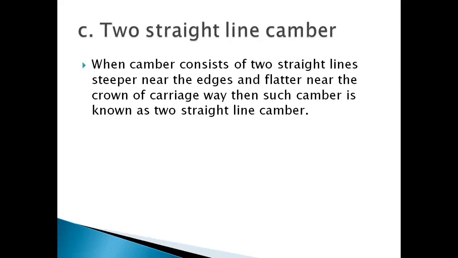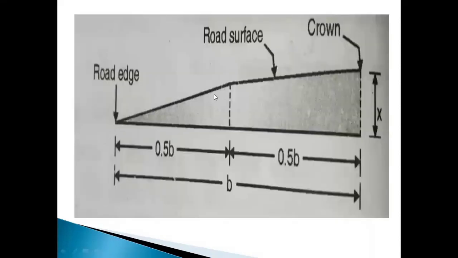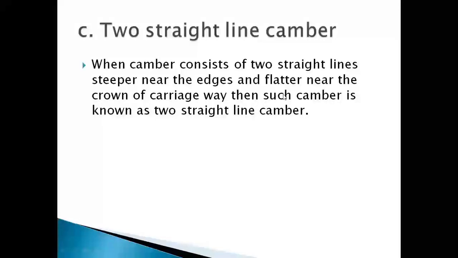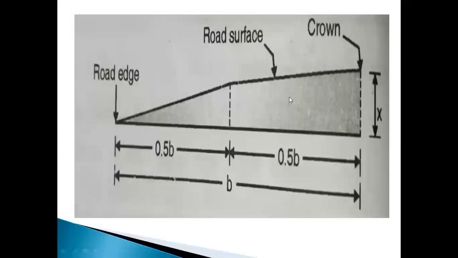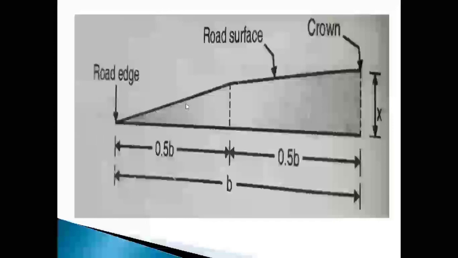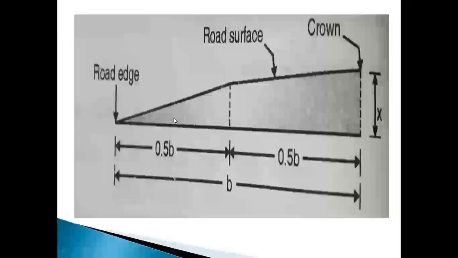One is steeper near the road edge and second is flatter near the crown of carriageway, with distance 0.5 b on both sides.